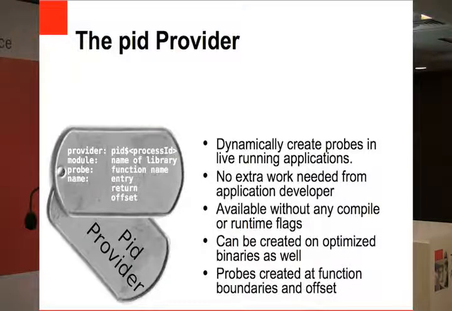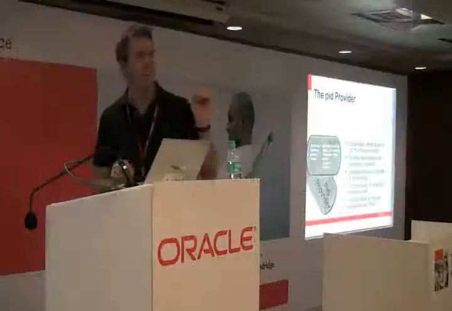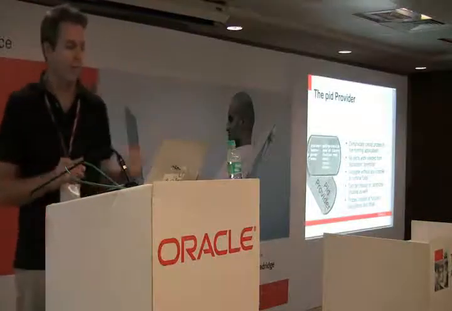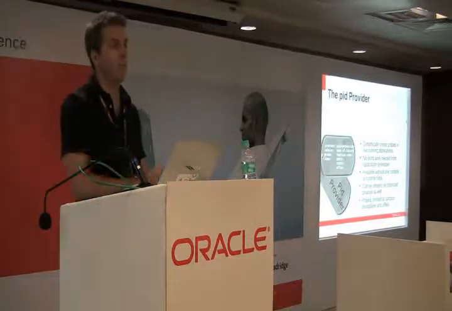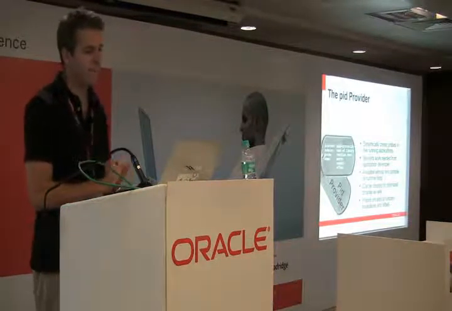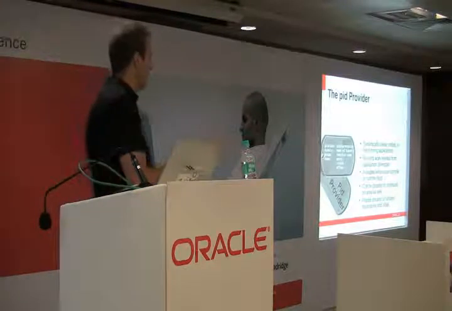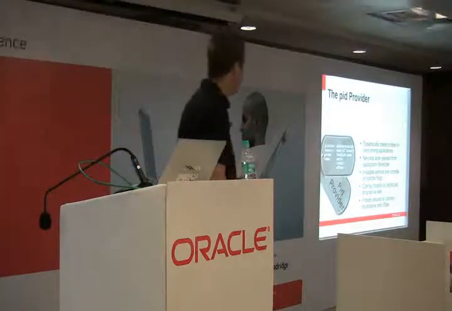Any running application, I can dynamically insert probes at the beginning and end of every function, and even an offset within if I specify it. You don't have to do any work. You don't have to recompile your app or anything.